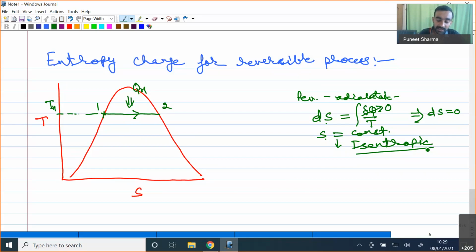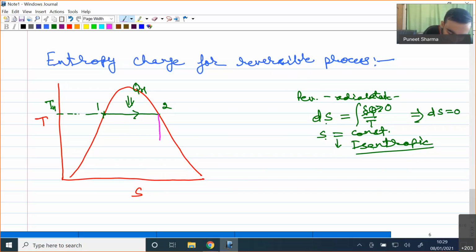For a reversible adiabatic process, entropy will be constant. However, the reverse of this statement will not always be true. Why? That we will see in the subsequent lectures. But this statement is always true: a reversible adiabatic process is always isentropic. So during process 2 to 3, my entropy will remain constant.